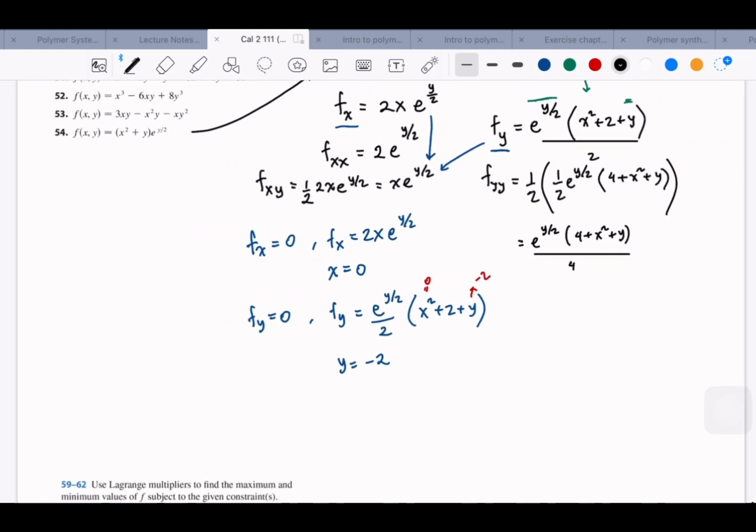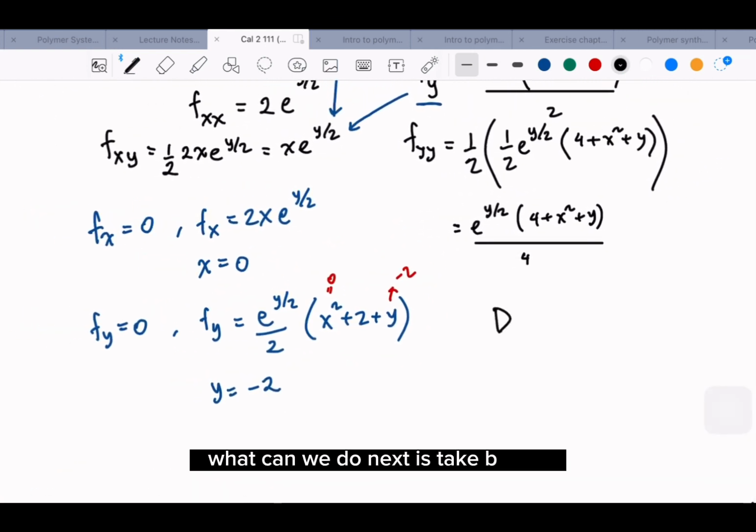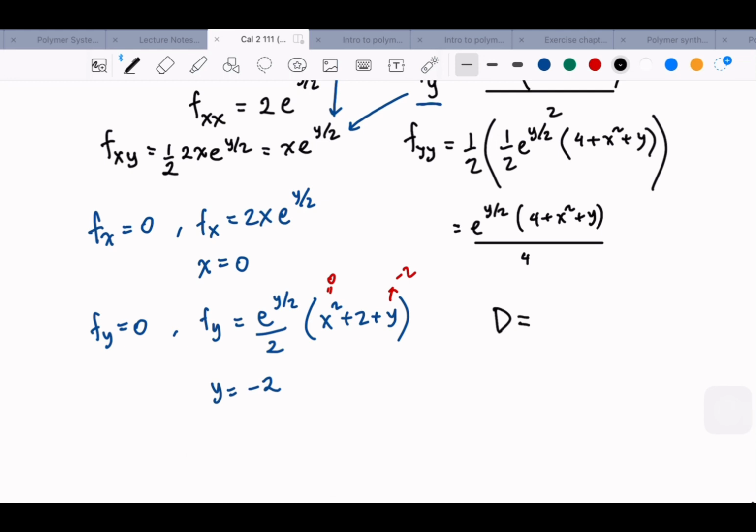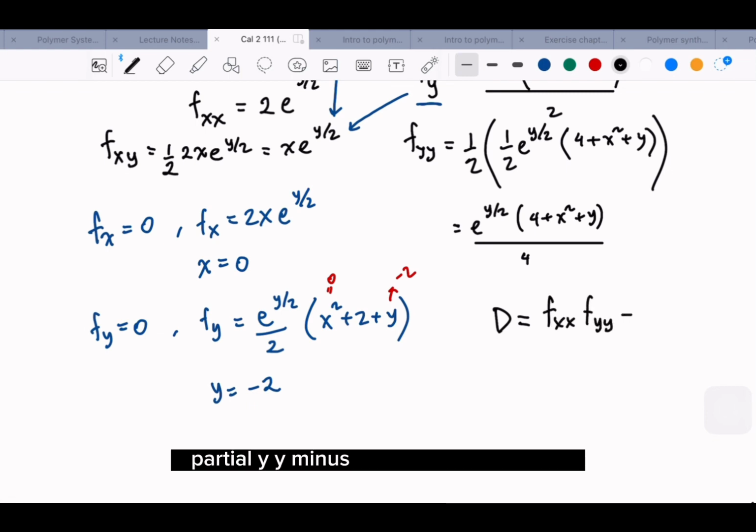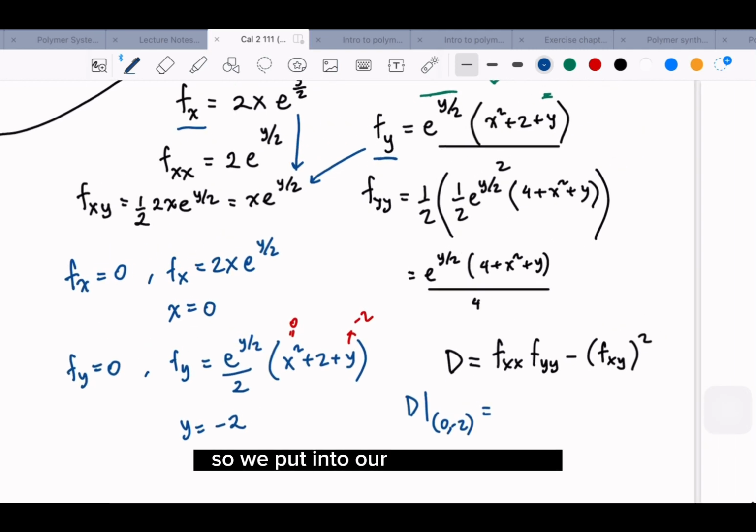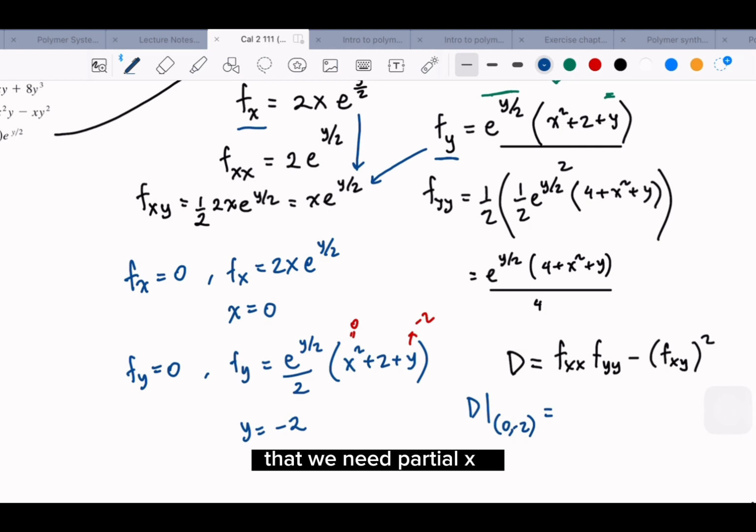So what we can do next is take D, right? D is partial xx times partial yy minus partial xy squared. The point that we are going to evaluate is (0, -2), so we take D at (0, -2). We put into all the equations that we need: partial xx, when y is -2, is 2 over e, right?